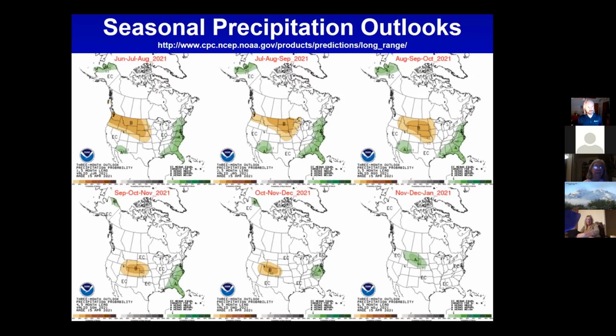The dynamical forecast models are not very good with the monsoon this far out, and they've really been waffling. I looked at the recent one today from the European Center, which is very, very good, and it basically shrugs and doesn't say wet or dry, which I think is encouraging because it's not a strong dry signal. So I'll take that at this point. I'm really curious though if the Climate Prediction Center is going to stick with this forecast, because they're seeing something that I'm not seeing on some of the models.